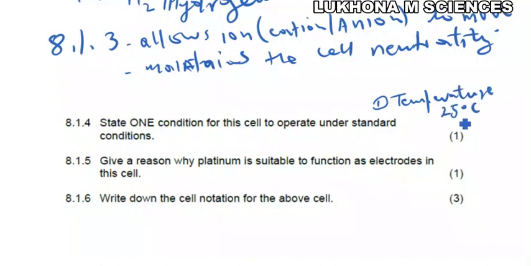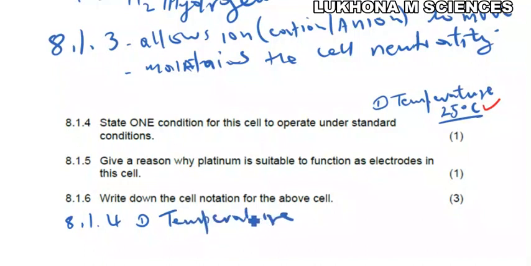We are going to mark only the 25 degrees Celsius, not the word temperature. So the first one can be a temperature, and for the temperature to be standard, it should be 25 degrees Celsius.